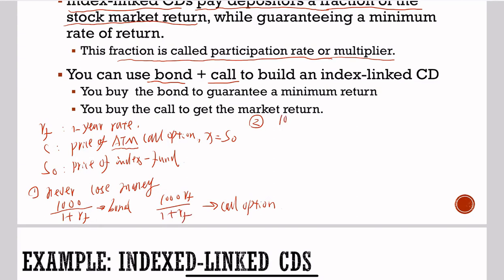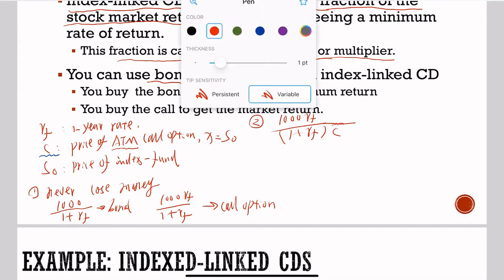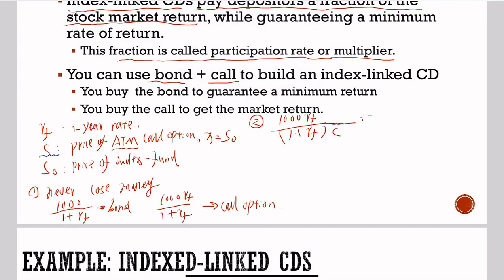So you know you will put this amount of money into purchasing the call option, and the call option has a price of C. So how many calls can you purchase? Well, this is easy, right? It's basically the amount of money divided by the price of the call. So this gives you the number of calls you can purchase.